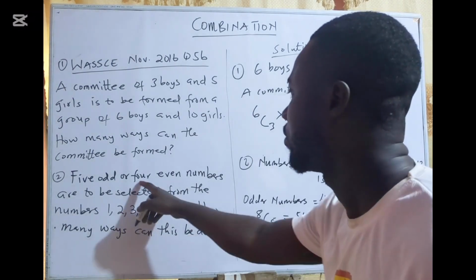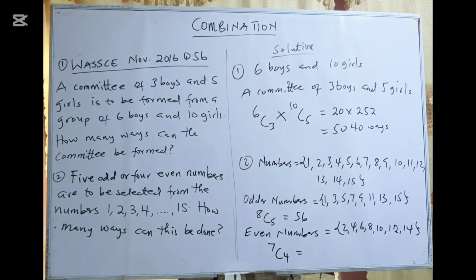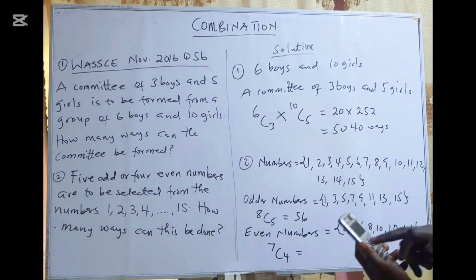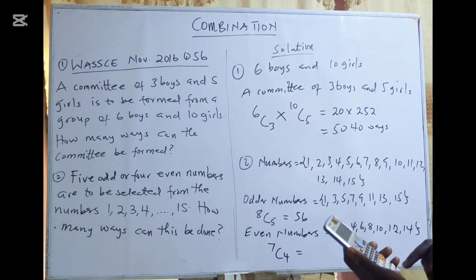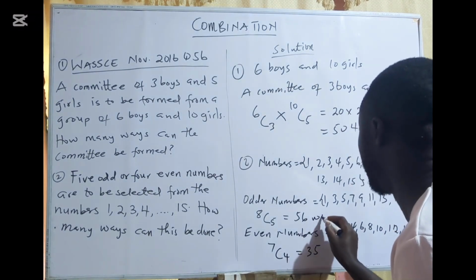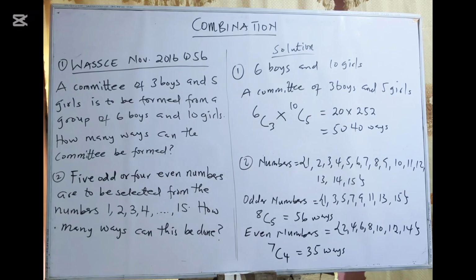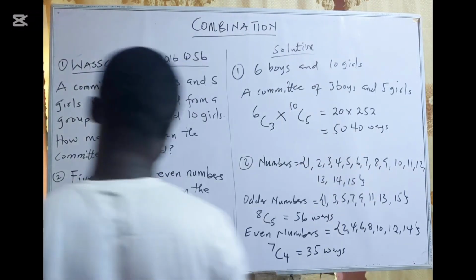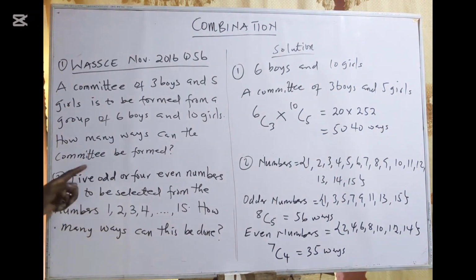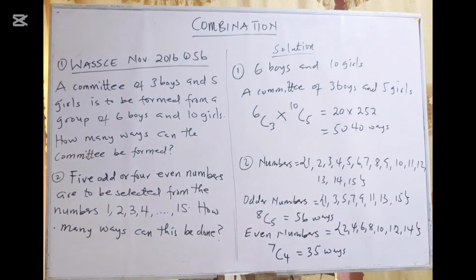So I have 7 even numbers. Selecting how many? 4. So that will give me 7 combination 4. 7 combination 4. That will be 35. Okay, so this is 56 ways, 35. So the question says in how many ways can this be done? So it is either I'm selecting 5 odd or 4 even. So the or means what?